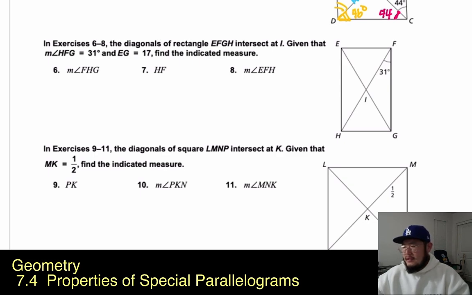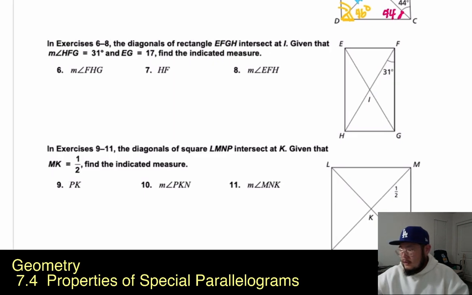So E to G, this whole entire thing, that is 17. And so let's figure out what is the measure of angle FHG.